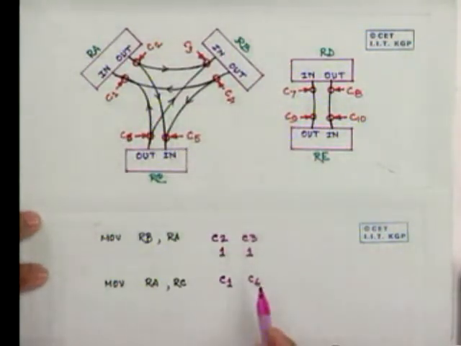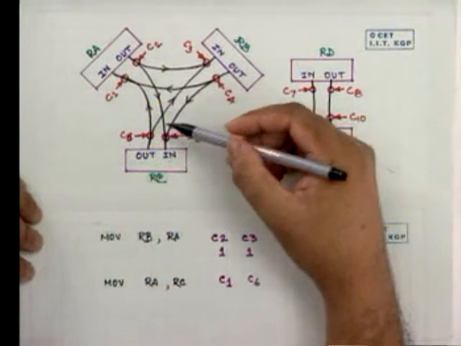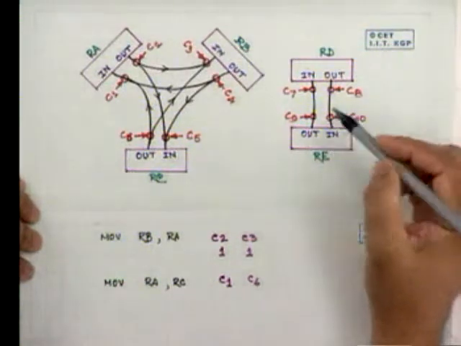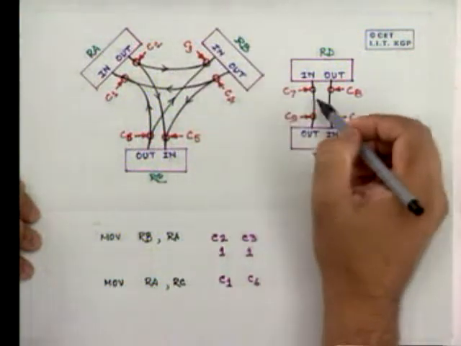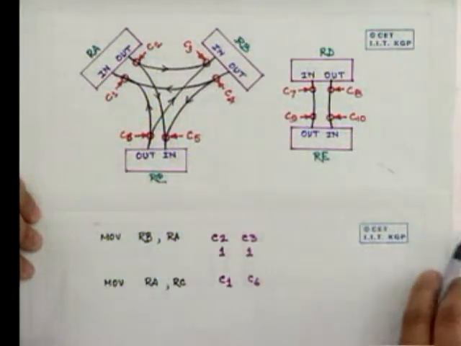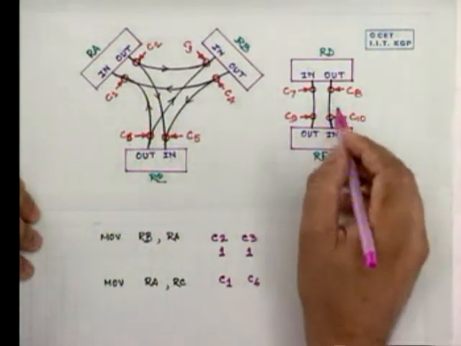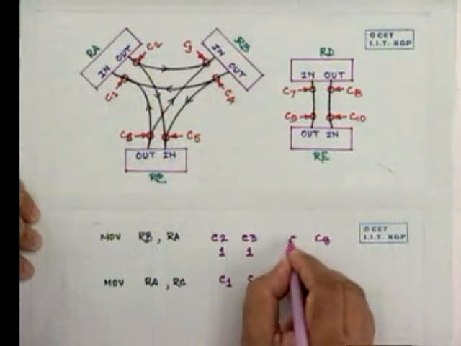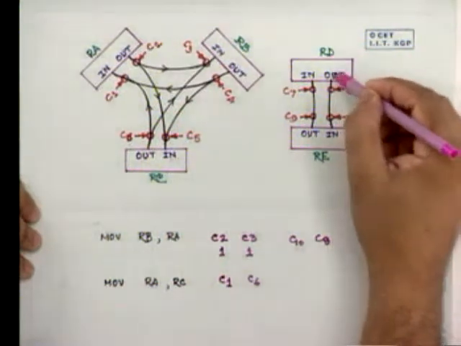Now, another important thing that we can see here is that, say, we want to move the content of RA to RB, and we want to move simultaneously the content of RD to RE. Since these two data paths are totally mutually exclusive, we can at the same time open, say, C8 and C10, in that case the data of RD will come into RA.